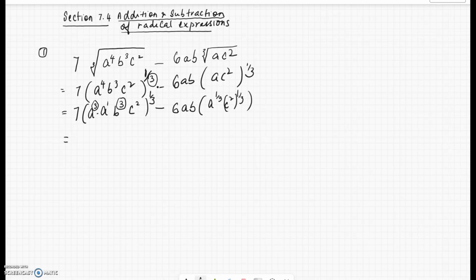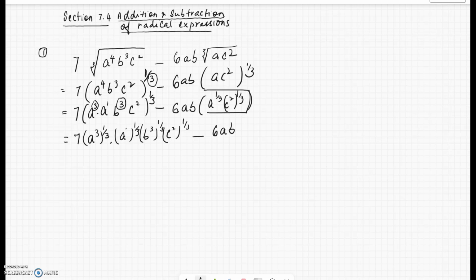There's not much simplification that we can do there, but let's see if this part can be simplified. So that's 7A cubed to the 1/3, which means the exponent is divided by 3. A to the 1 to the 1/3, B to the 3rd to the 1/3, C squared to the 1/3, minus 6AB.